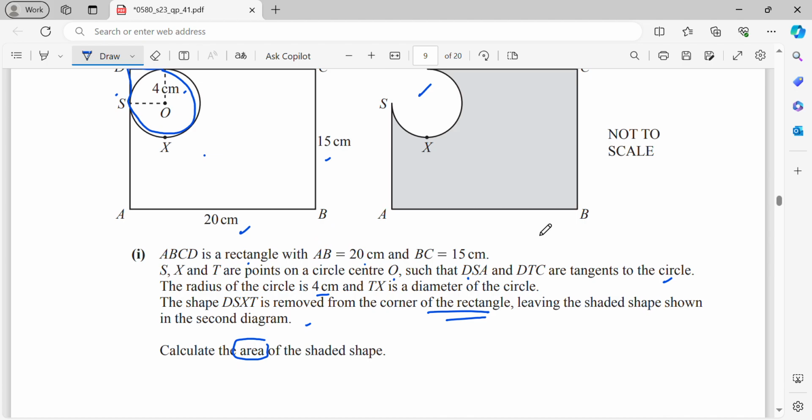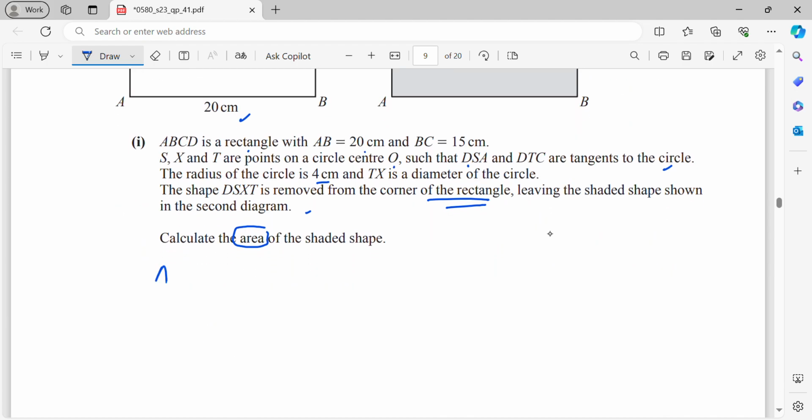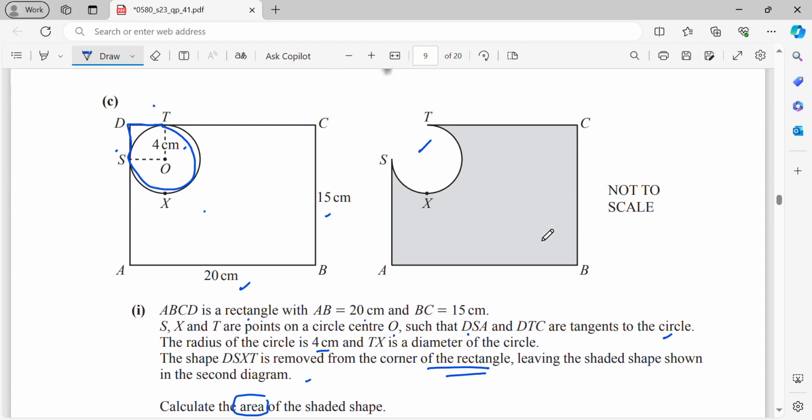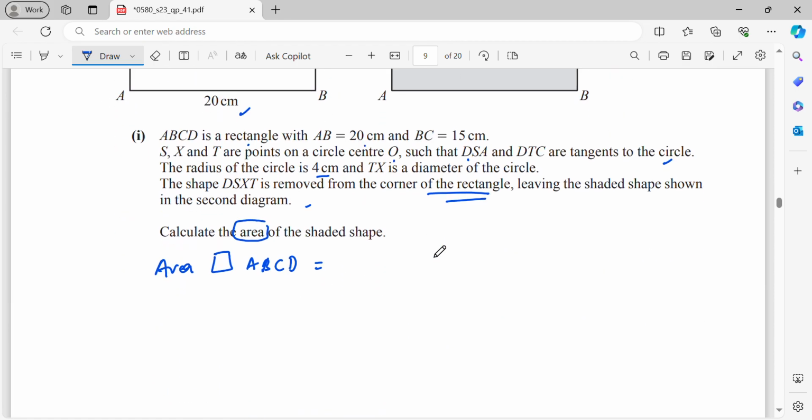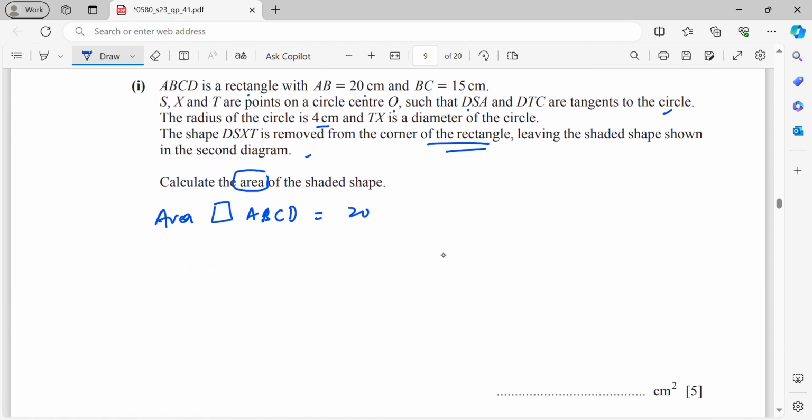I find the area of the rectangle ABCD. That is 20 times 15. This is 300 centimeters squared.